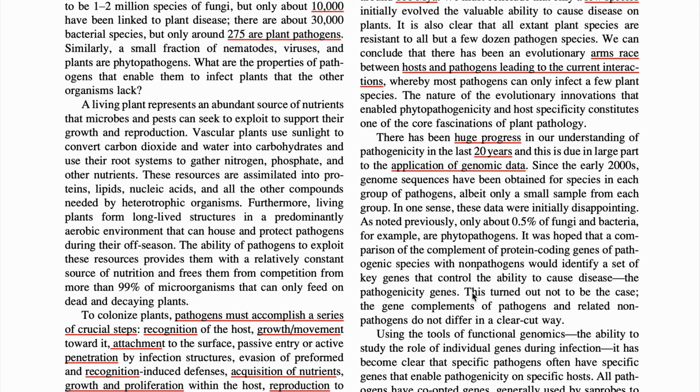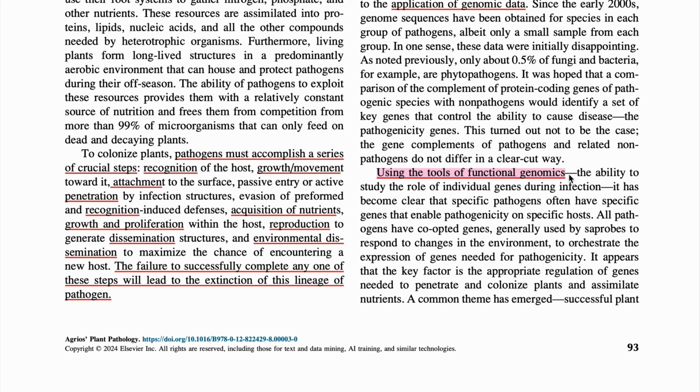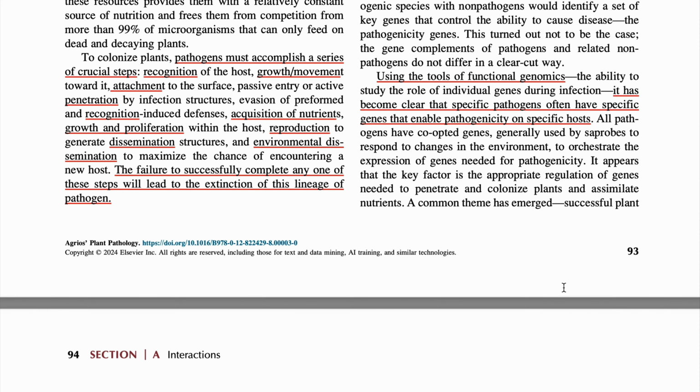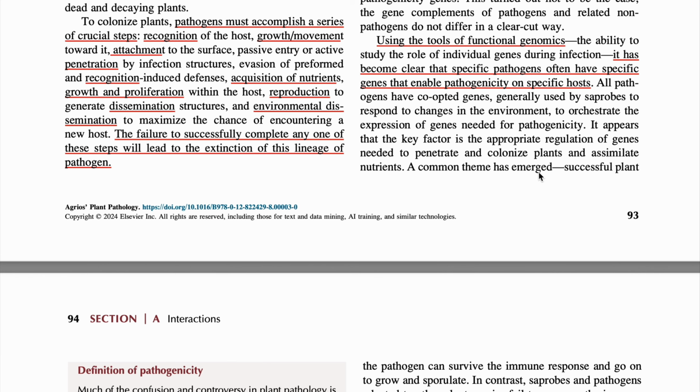Here we will see that using the tools of functional genomics, meaning the ability to study the role of individual genes during infection, it has become clear that specific pathogens often have specific genes that enable pathogenicity on specific hosts, right?